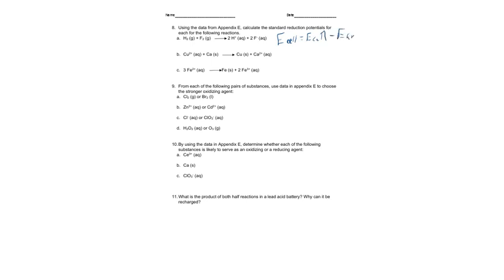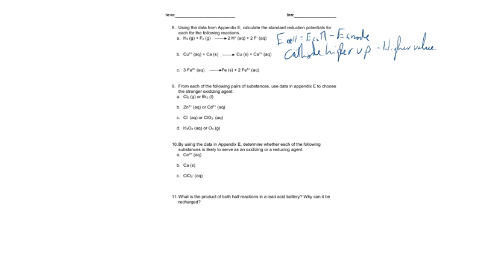The cathode is always the one higher up on the table, so it has the bigger, the higher value. All right, so that's all you would do there.